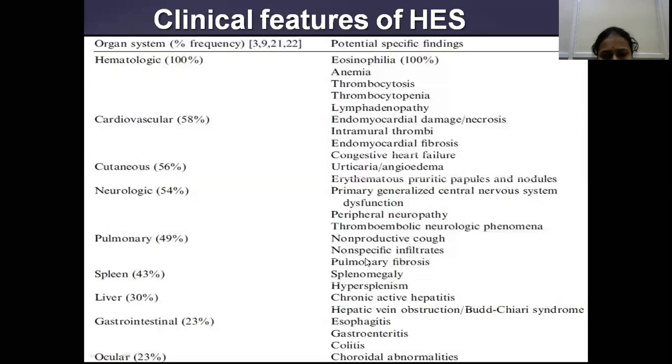Pulmonary involvement in the form of fibrosis, cough, non-specific infiltrates, and splenomegaly, hepatomegaly, hepatitis, gastroenteritis, colitis, ocular involvement. All this can occur in idiopathic hypereosinophilic syndrome patients. Most commonly, multi-organ system involvement.